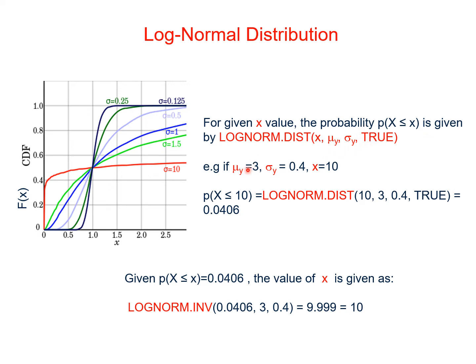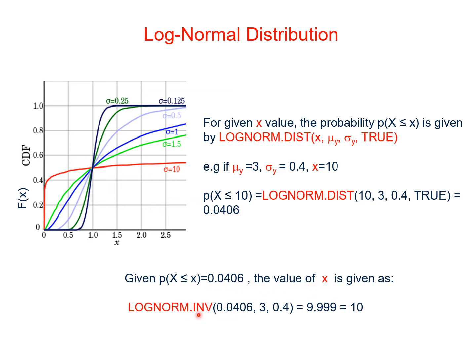Okay, so first you need to calculate the mean and sigma of the log transformed data, and then you can calculate the log normal distribution probability. This is just an example for a given value of x.